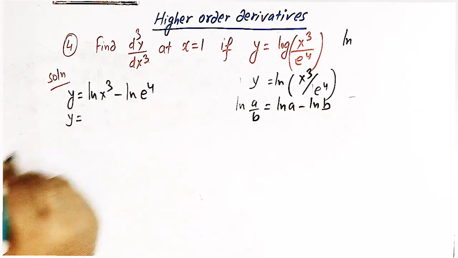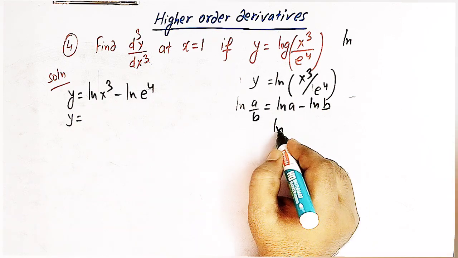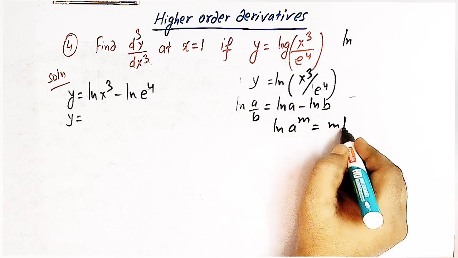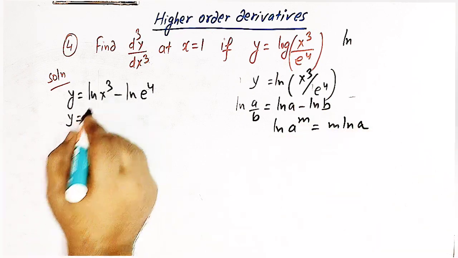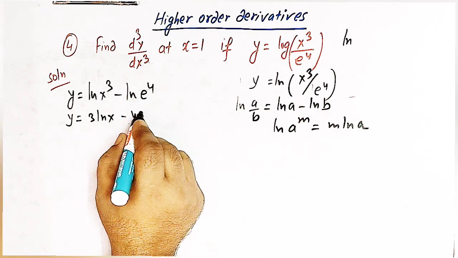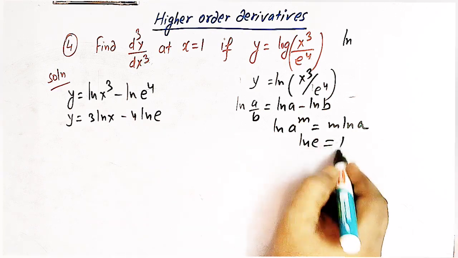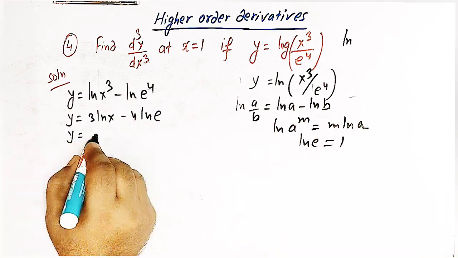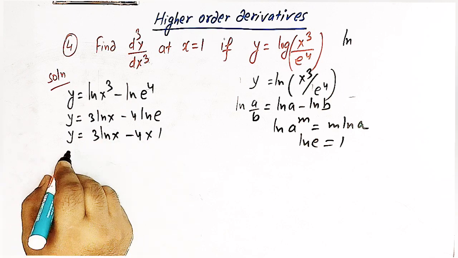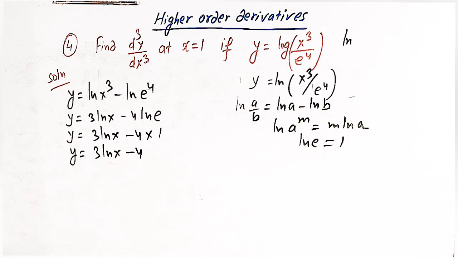Again using the properties of log, log of a raised to m is m times log of a. So we have 3 times log of x, and 4 times log of e. Now the natural log of e is 1, so y is equal to 3 times log x minus 4 times 1. So y is 3 log x minus 4.